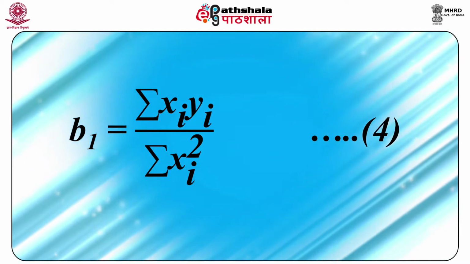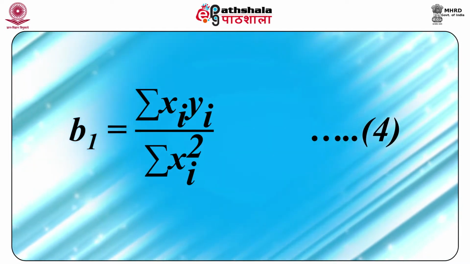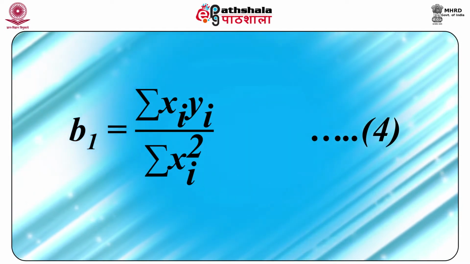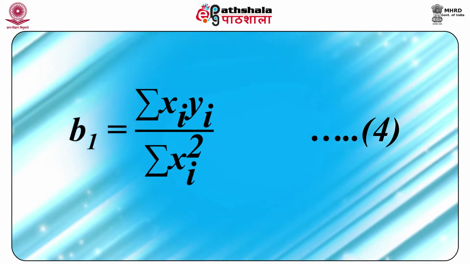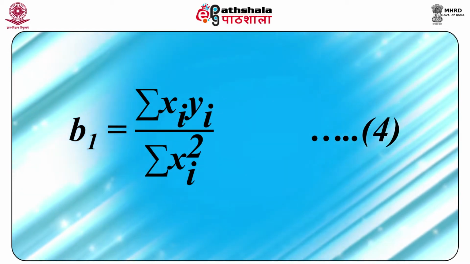Substituting the values of sigma capital Xi Yi and sigma capital Xi square from above in equation 3.1, we get b1 is equal to sigma small xi small yi upon sigma small xi square, which is our equation 4. So this is the value of the slope coefficient in the deviation form.